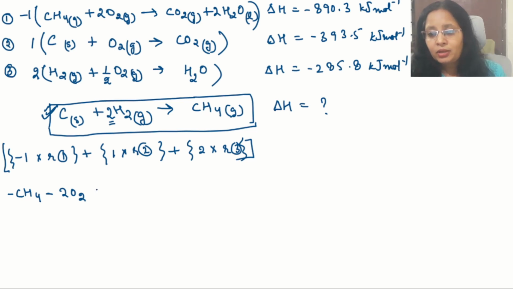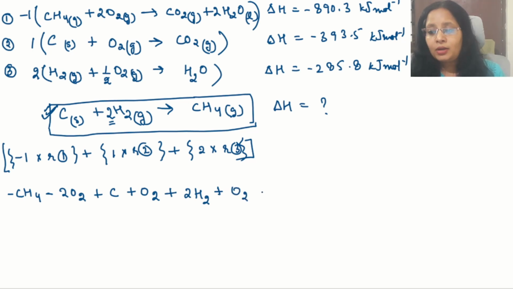So it will be plus C plus O2. Clear? Now come to reaction number 3, left hand side we are going to change. 2 multiplied by reaction number 3. So 2 into hydrogen, we will write 2H2 plus 2 into 1 by 2 means 1, so we will write O2.